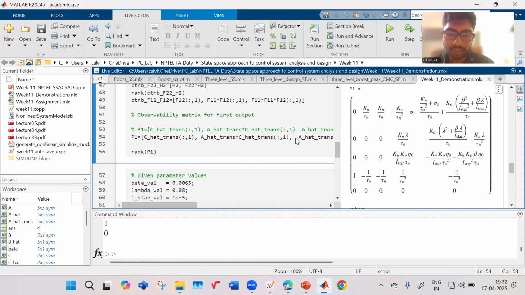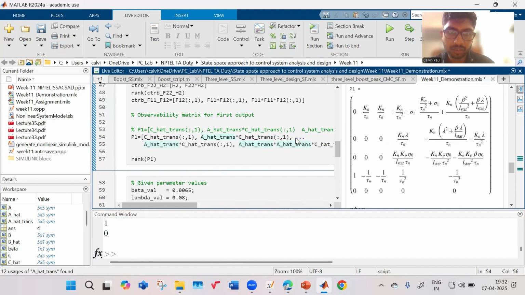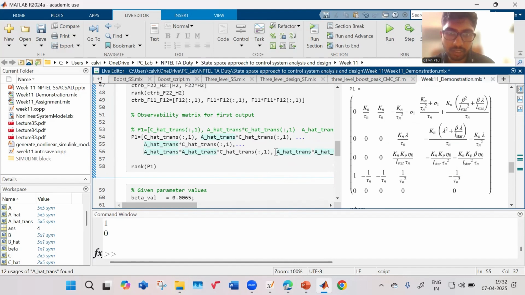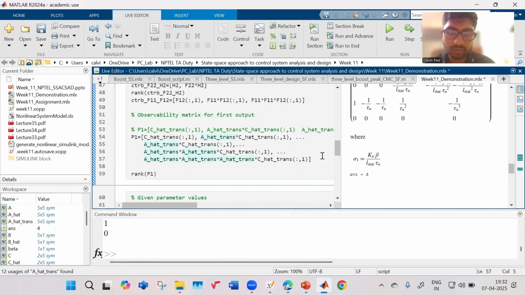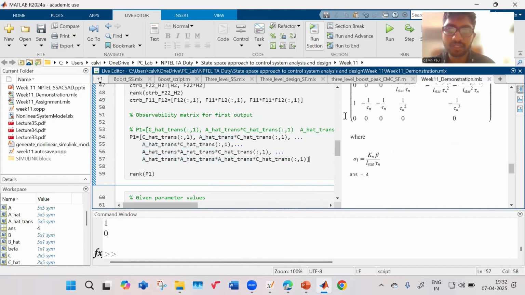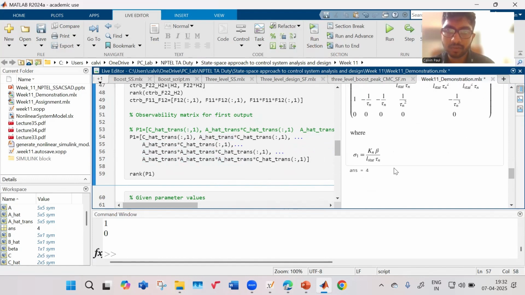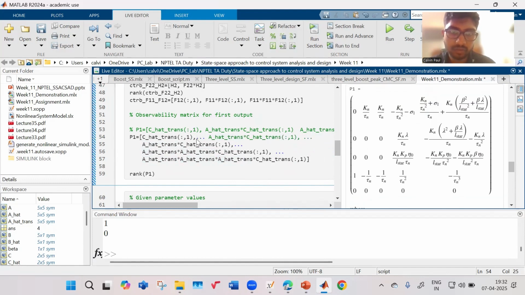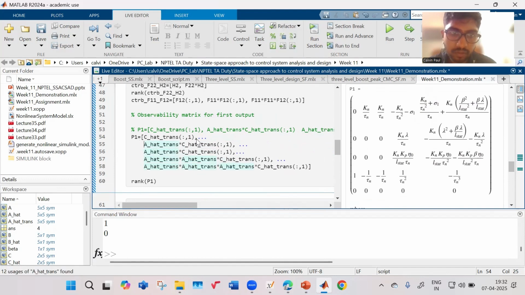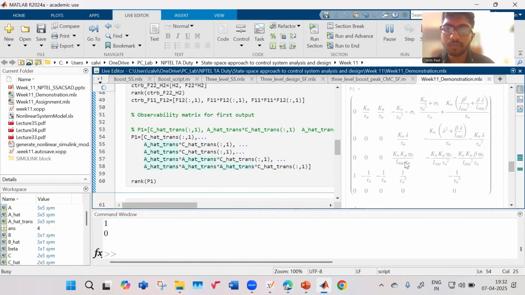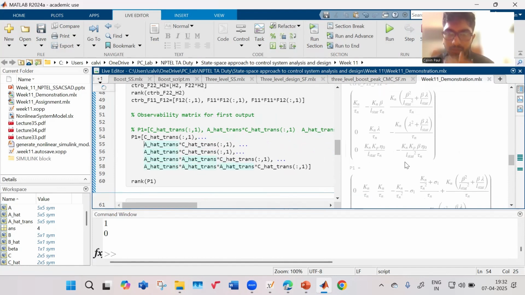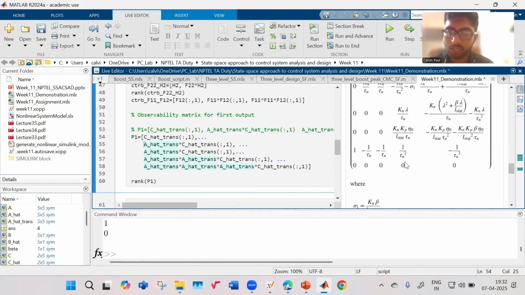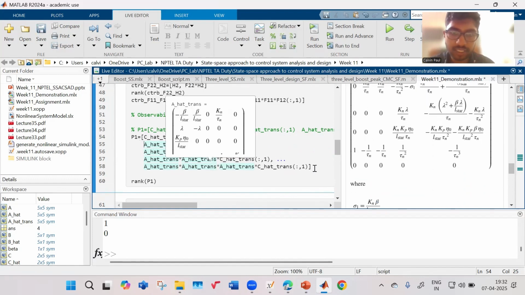When I put in the next line, it is slow. Now let me run this section. Okay, we just run it like this. So overall, this is the P1 matrix, and we found the rank of P1 is less than 5.